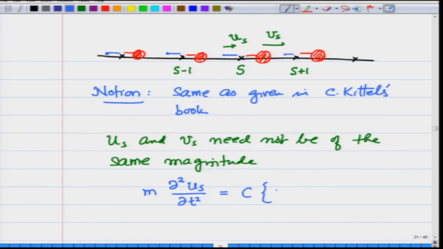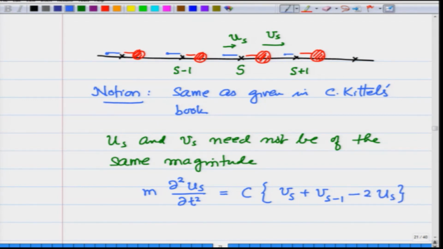So, the force, and I will leave it for you to work out, because we have been working this out for the one atom case, is going to be V s plus V s minus 1 minus 2 u s.